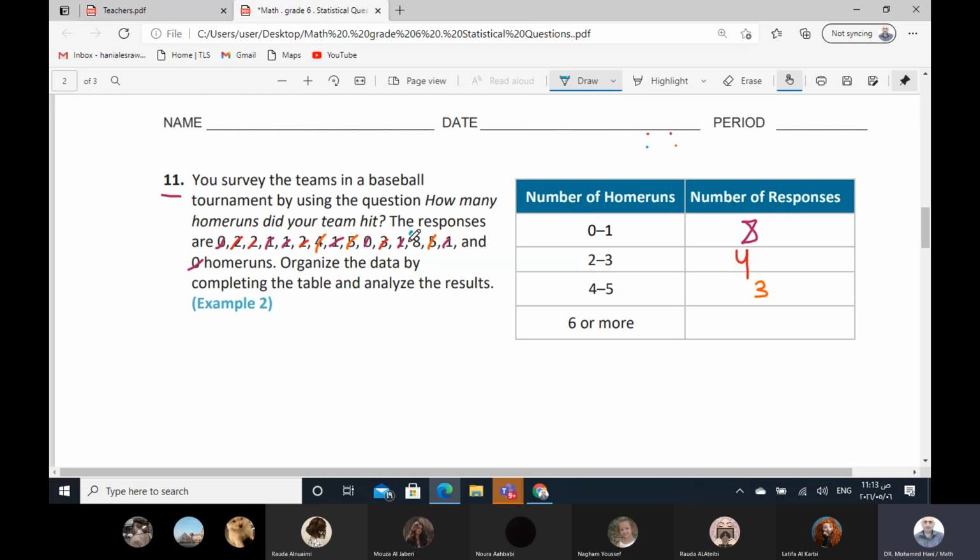We have just 8. So analyze the result. The biggest result here is 8. So the most data is between 0 and 1.